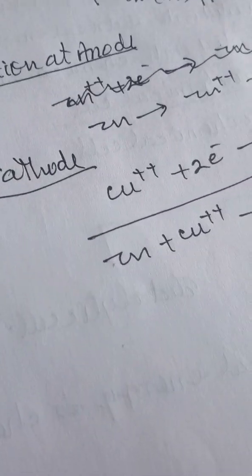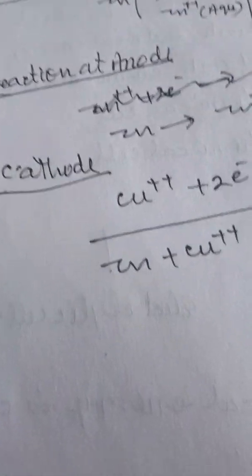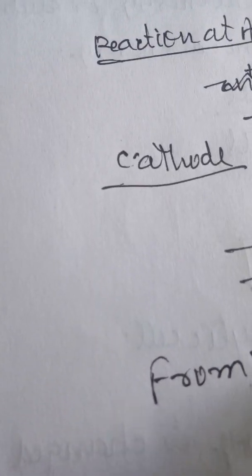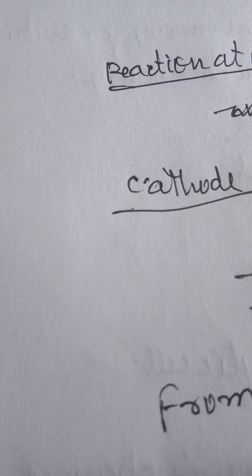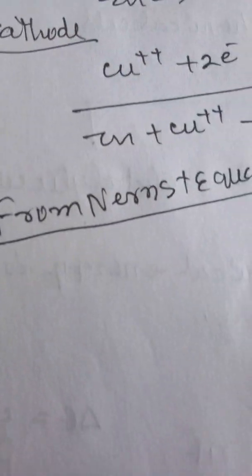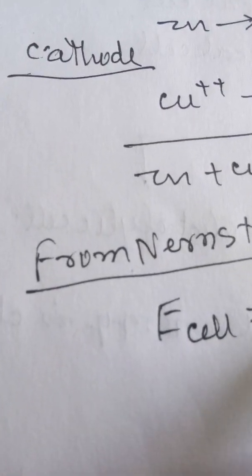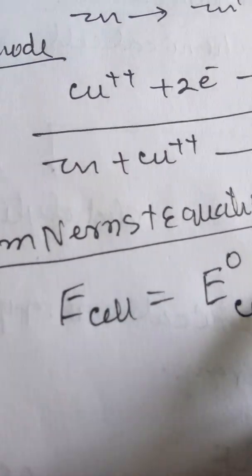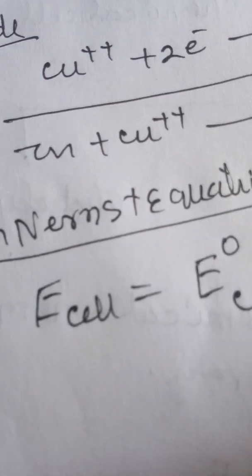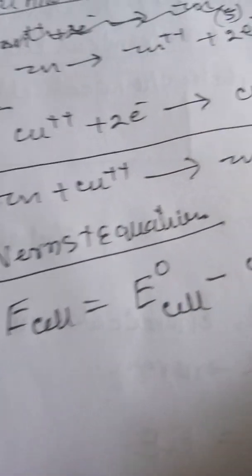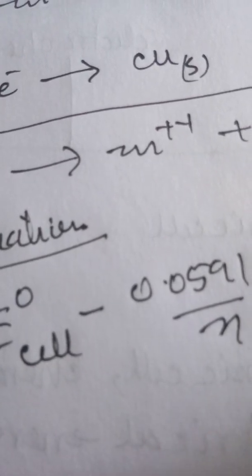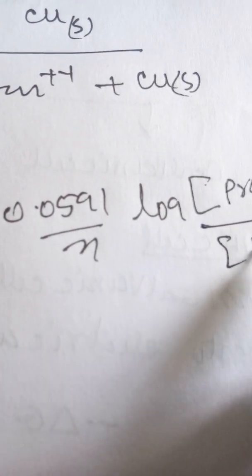Now if I apply the Nernst equation for this cell, from the Nernst equation, the EMF of the cell is the standard EMF of the cell minus 0.0591 upon n log of the concentration of product divided by the concentration of the reactant.